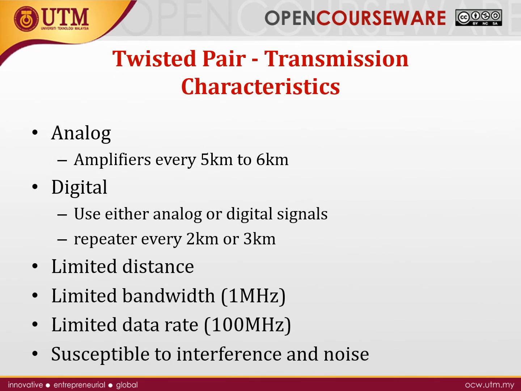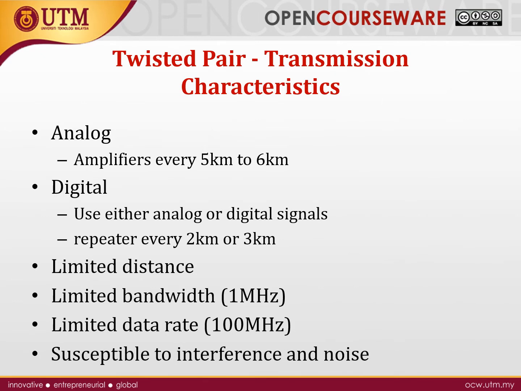So twisted pair, as I mentioned before, could be used for analog or digital. For analog, amplifiers are needed every 5 to 6 kilometers, while for digital, either analog or digital signals are used, and repeaters are needed every 2 to 3 kilometers.